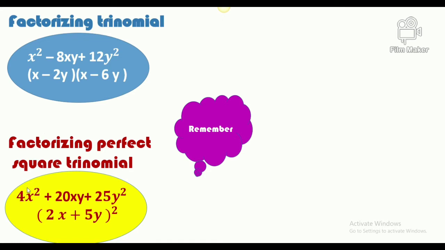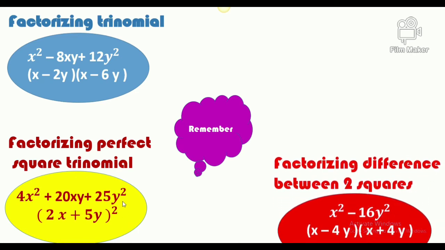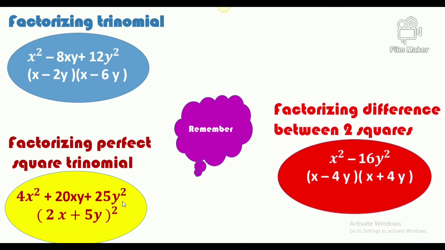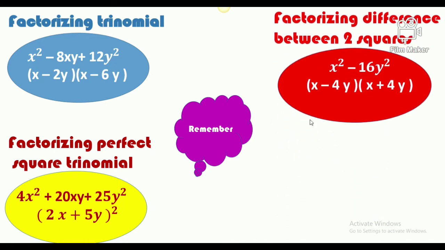It is also formed of three terms, but the first term is a perfect square and the second term also is a perfect square, so the two brackets are equal. The third type is factorizing the difference between two squares, formed of just two algebraic terms. The two brackets are conjugate.